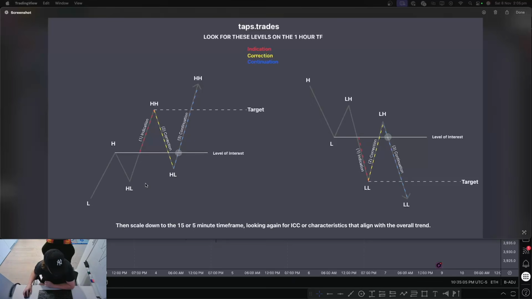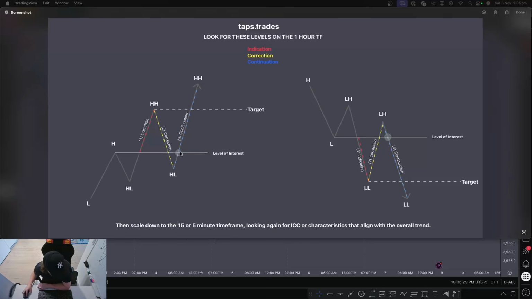So we've created that now. We've got those 4 points drawn. The indication is breaking the previous high to create a higher high. That's the first phase, indication. Price then comes back down below this previous high, right? But not breaking this previous low. That is the correction phase, the second phase.